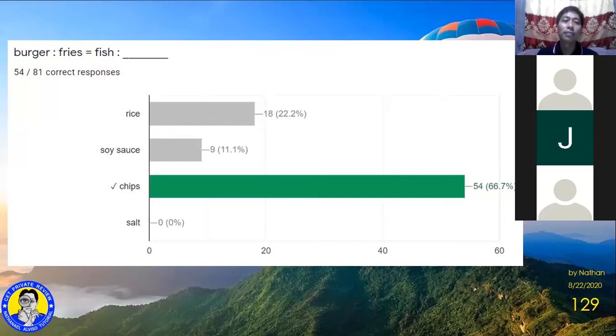Next, burger, fries. So you hear this a lot, especially in the exceptions in the SBA. They are just one particular meal, therefore singular. So same with fish and chips. Why rice? Oh, Filipino. So you think fish comes with rice, but we're talking about American culture here. There's no rice in the US.